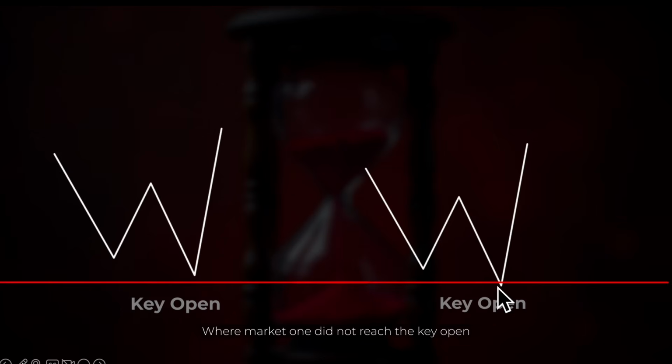Where market 1 did not reach the key open and stopped right in advance of it, market 2 actually reached the key open and then began turning around. So whenever you see SMT relative to a key opening price, pay attention to how the market is likely going to react off that level.